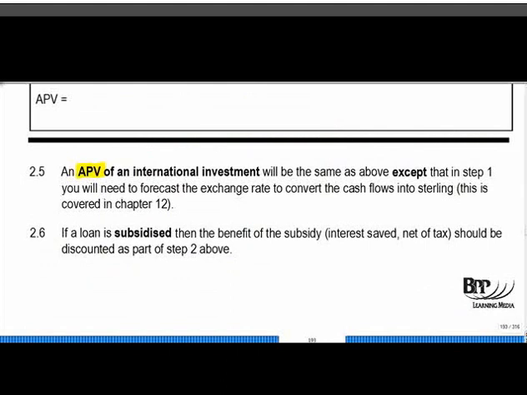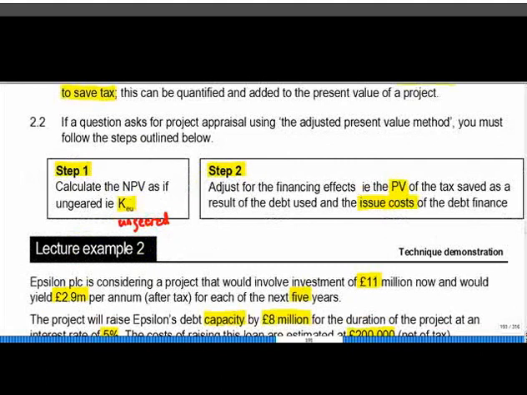And just as one extra frill, if you were ever told that you were able to get a special subsidised bank loan to encourage you to invest in a particular area of the country, then you've got to be slightly careful with APV. If the loan was free, for example, that would obviously be good news. But in terms of APV, you'd have a problem in step 2. Because you're not paying interest, there's no tax relief.